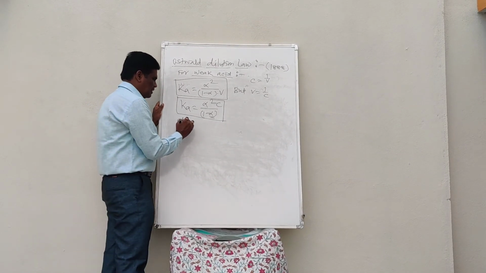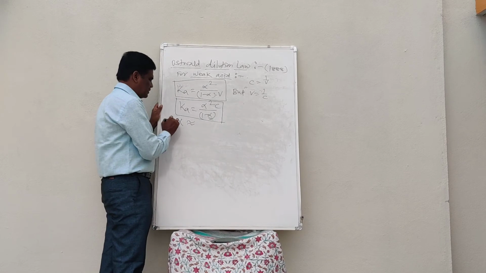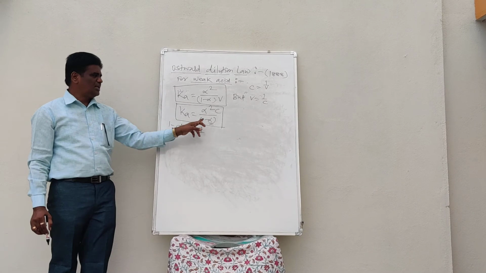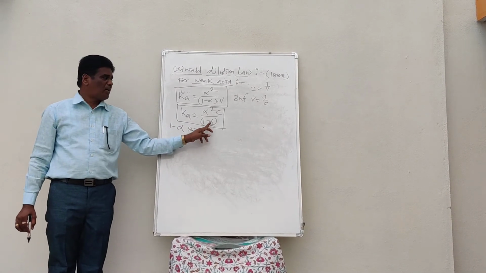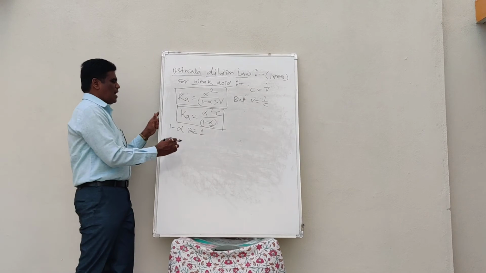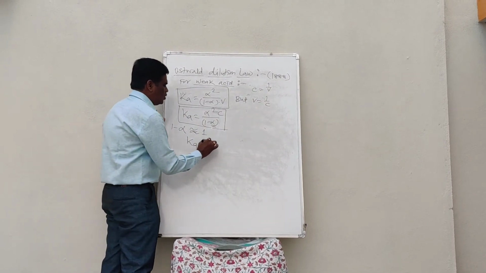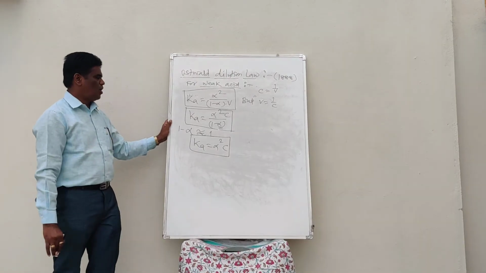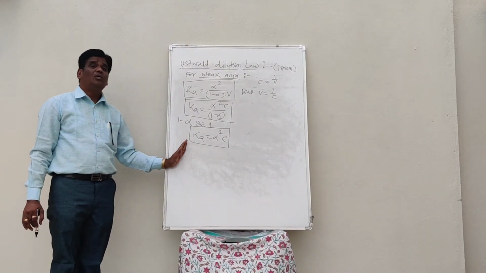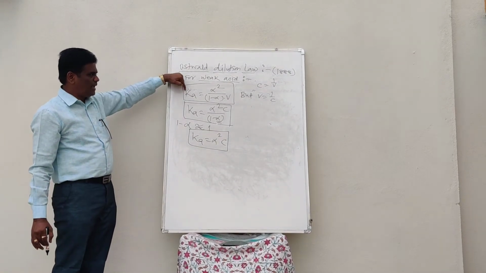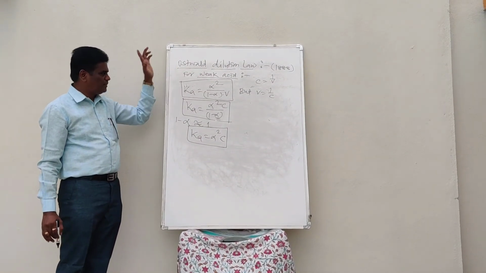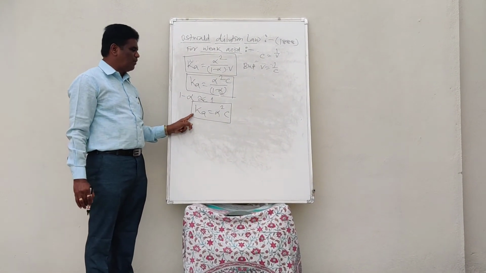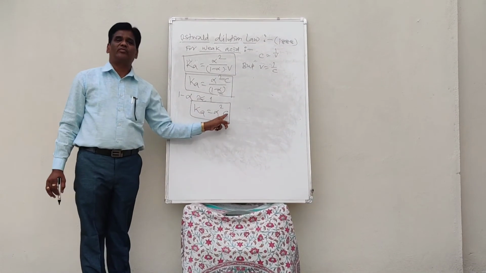Hence 1 minus alpha is nearly equal to 1, because the value of alpha for a weak acid is very small, and hence you can write Ka is equal to alpha square C. So this is the third formula of Ostwald dilution law for the weak acid. So first formula, Ka is equal to alpha square upon 1 minus alpha into V. Second formula, Ka is equal to alpha square C upon 1 minus alpha. And third one is Ka is equal to alpha square C.